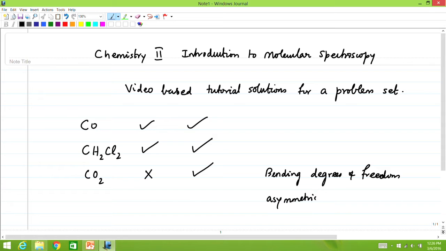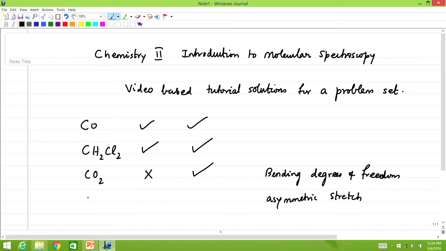In both these normal modes of vibration, the molecule has a changing dipole moment, therefore, it has the infrared spectrum for these two degrees of freedom. The bending mode is doubly degenerate, but there are two frequencies, one for the bending mode and one for the asymmetric stretch.